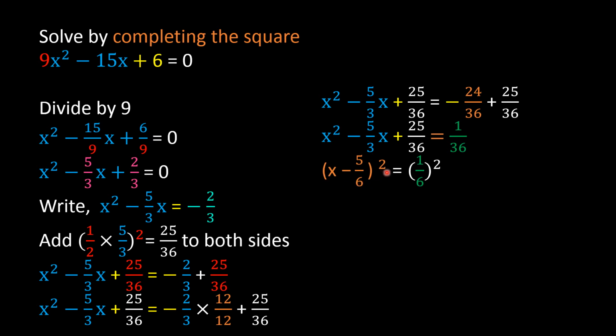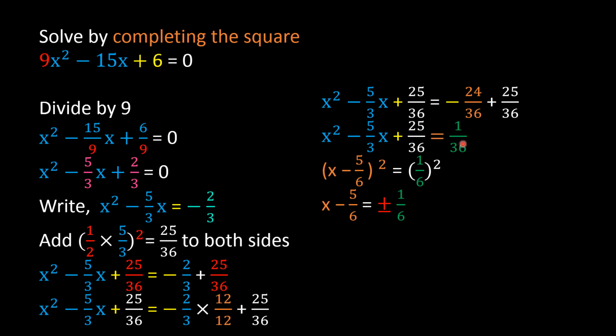So whole square of this will be, we will write 1 divided by 36 as 1 divided by 6 whole squared. Now we will take the square root of this on both sides. It will be x minus 5 divided by 6, which is the square root of this quantity, equals plus and minus 1 divided by 6, which is the square root of 1 divided by 36.